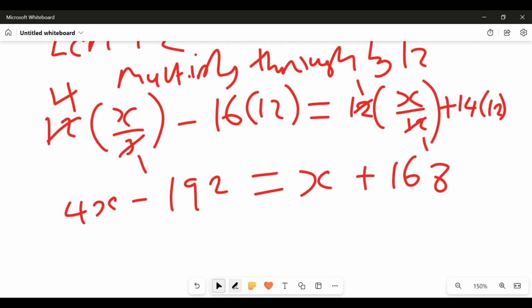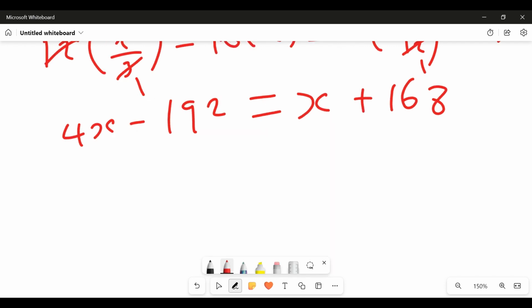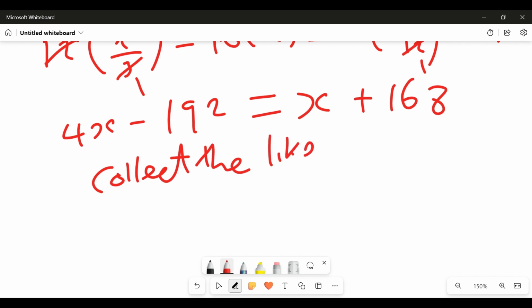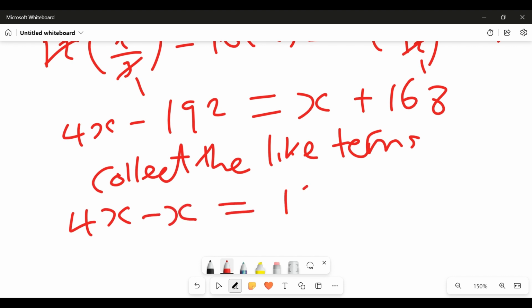So from here now we can collect our like terms. In mathematics, don't forget to write all these things. It's a procedural science. We have 4x minus x when we collect our like terms equals what? 168 plus 192.